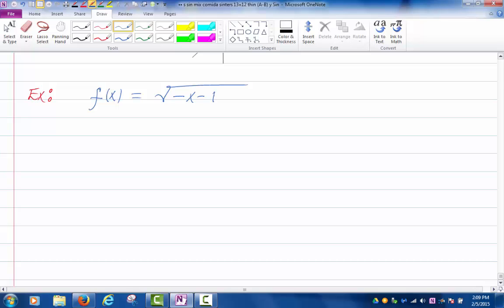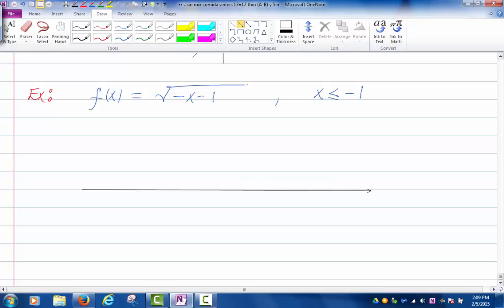Whatever is inside the square root has to be non-negative. Negative x, negative 1 has to be non-negative, which means negative x would have to be larger than 1, which means x has to be less than negative 1. So that's the domain.